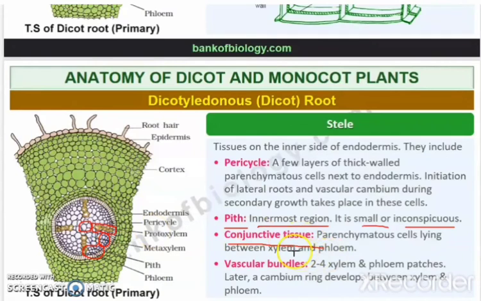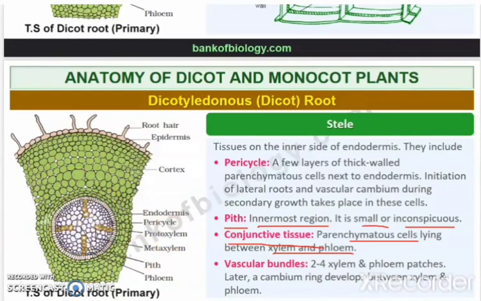So the parenchymatous cell which lies between the xylem and phloem is called the conjunctive tissue. Right? So we see the parenchymatous cell surrounding the xylem and the phloem. It is called the conjunctive tissue, right?